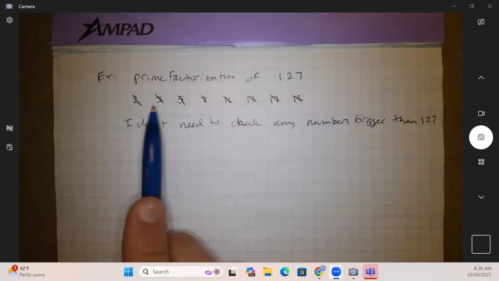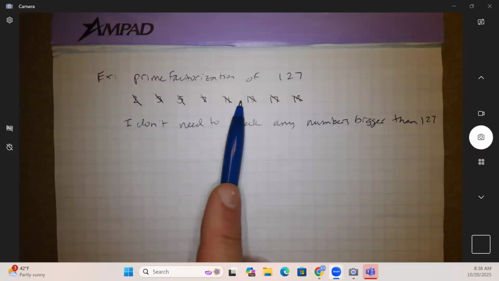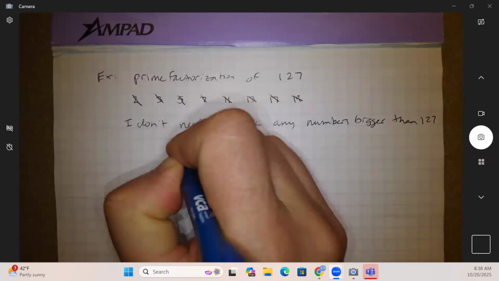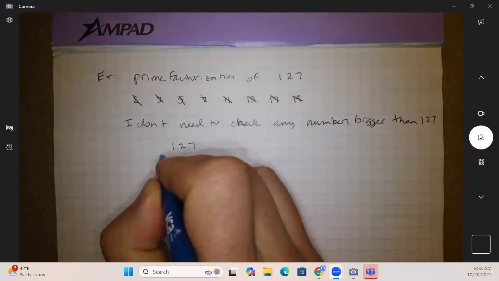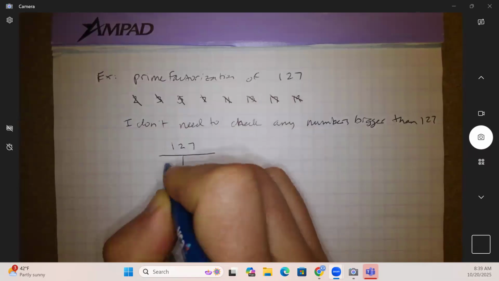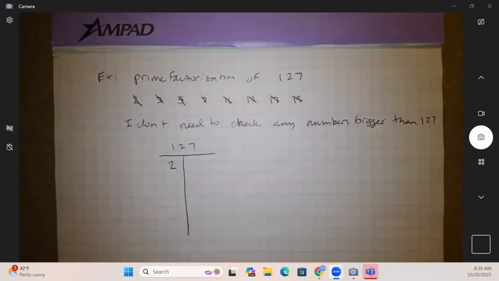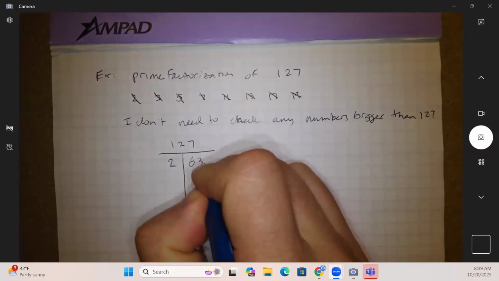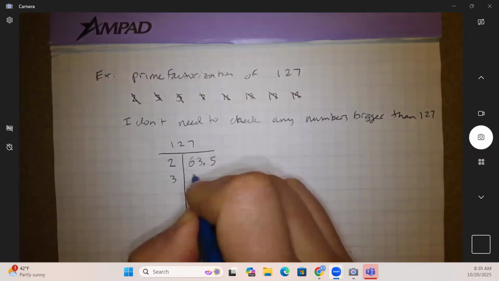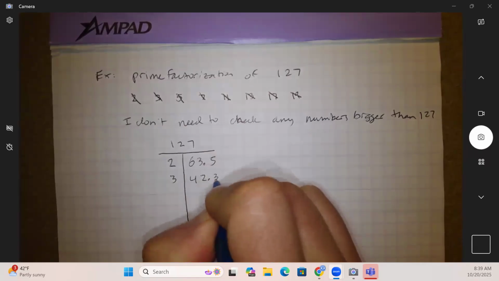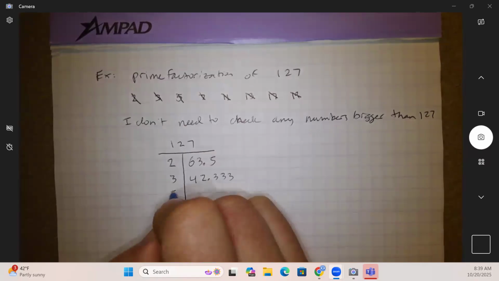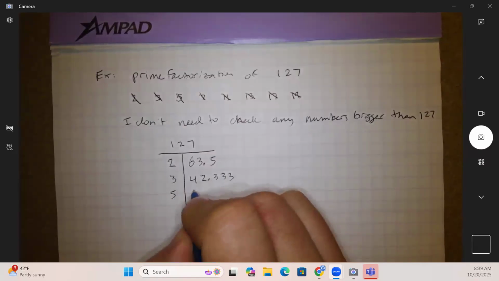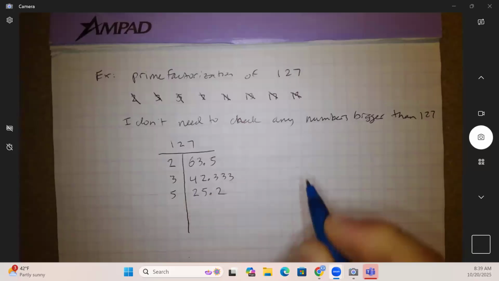Let's go a little bit deeper and actually figure out what these numbers are and see if we have a pattern. Okay, so I'm going to take 127 and divide it by the various different numbers, and we're going to write down what we find out. This one is 63.5. This one is 42.333. This one is 25.2.